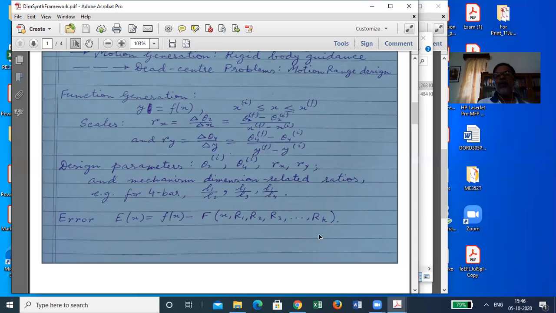So how do we match these at several points? You select several points, then the question arises, for which values of x we try to settle this.